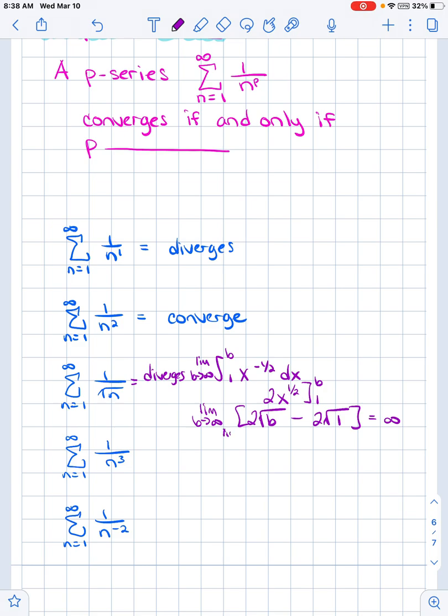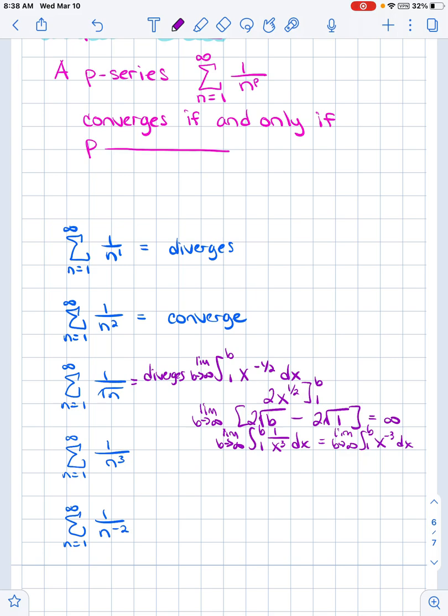I didn't leave myself enough space. What about 1 over n cubed? So if I find the antiderivative, the limit as b approaches infinity, let's see if I can write it right the first time, of the integral of 1 over x cubed dx. If I rewrite that, this is x to the -3.